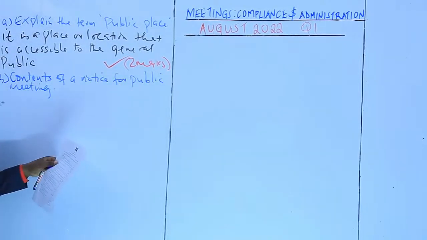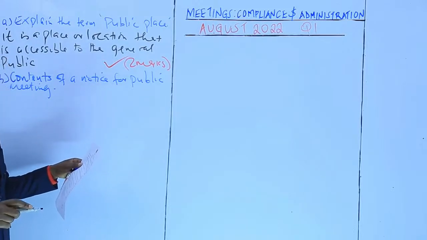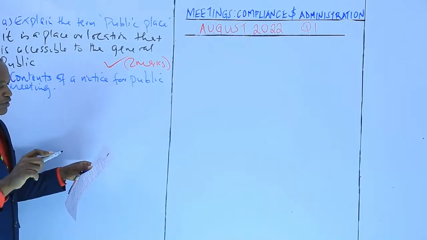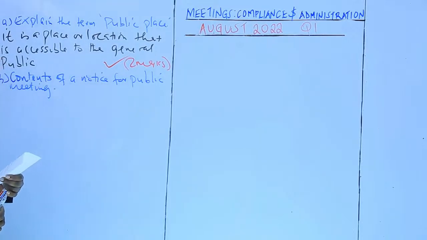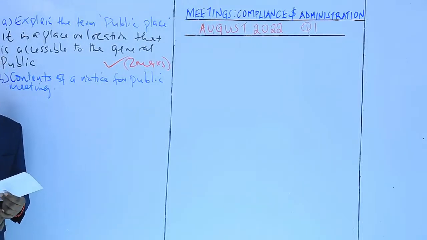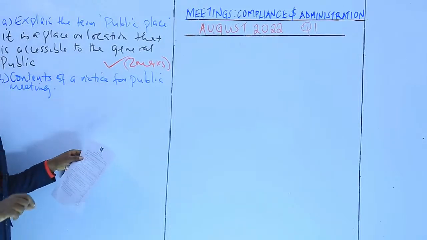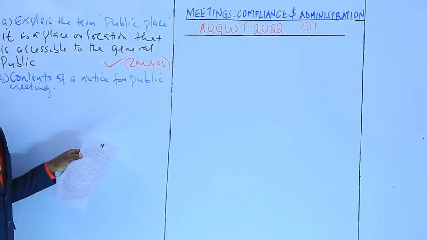Contents of a notice for a public meeting issued by a regulating officer or the police. The contents we're talking about here, the question is referring to contents of a notice.